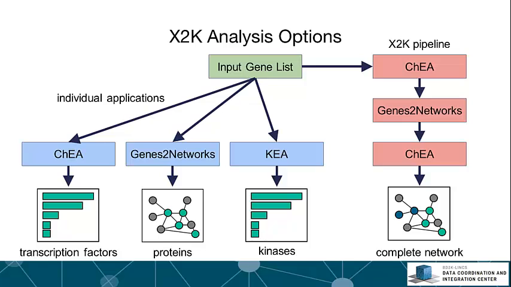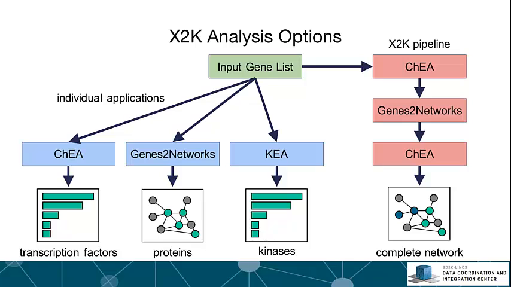And that works as follows. You have the 4 analysis options, but 3 of them are just the individual applications. So just ChEA, which will allow you to see a graph of different transcription factors that are related to your genes. Genes to networks, which will find intermediate proteins and seek to build a protein-protein interaction network out of your input gene list.